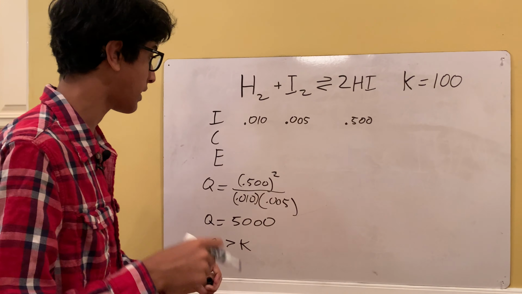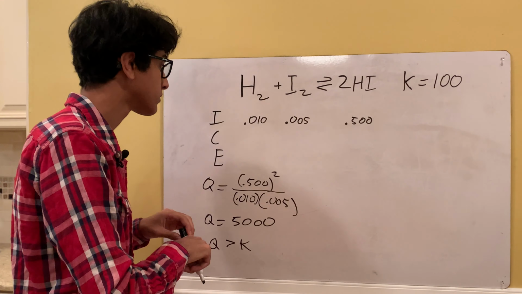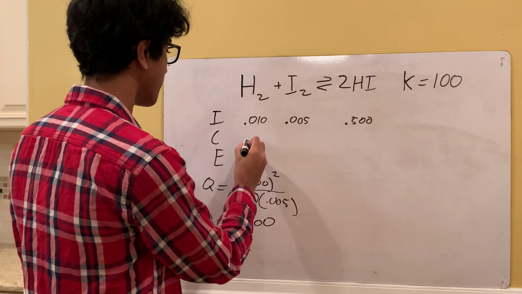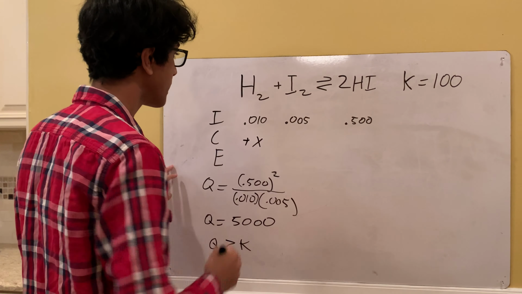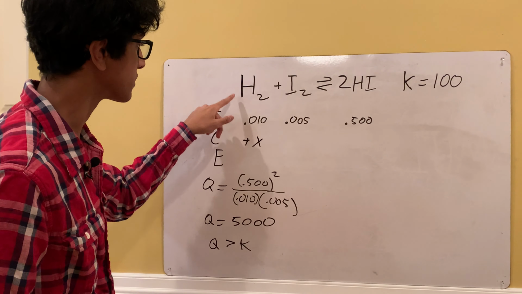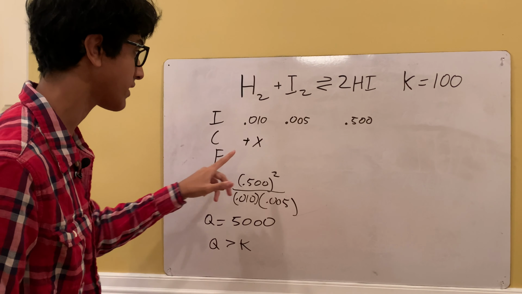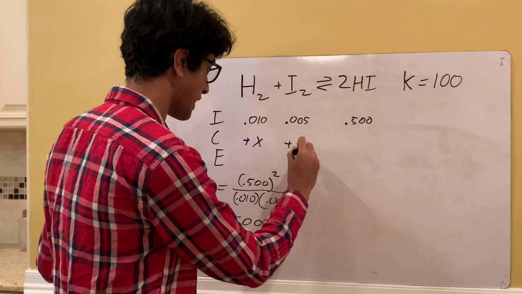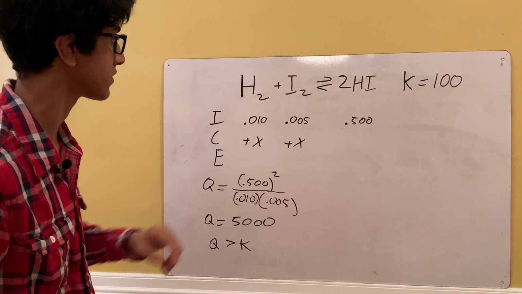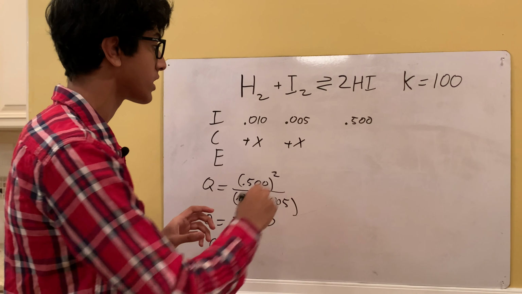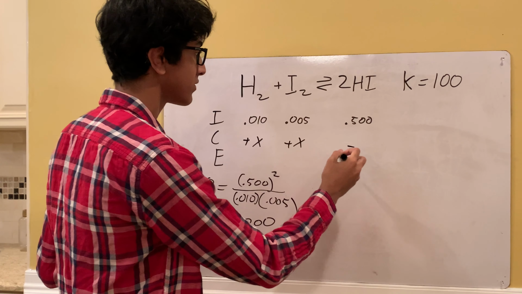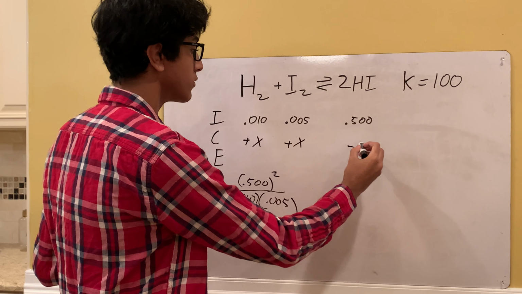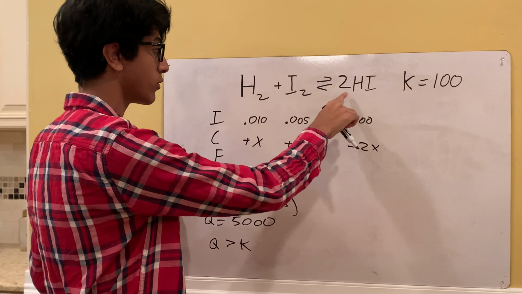So let's start off by writing down our changes. So this is just going to be plus x, since there's no coefficient, just a coefficient of 1, and plus x, again, just like that. And over here, it's going to be minus, since it's decreasing, and 2x, since it's a coefficient of 2.